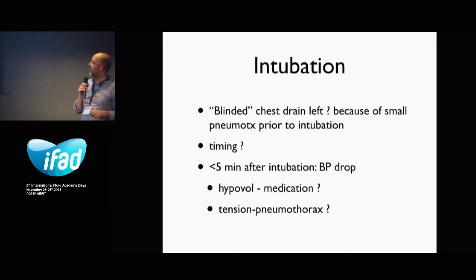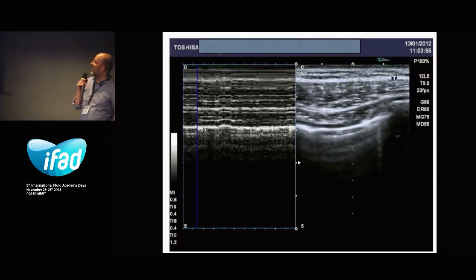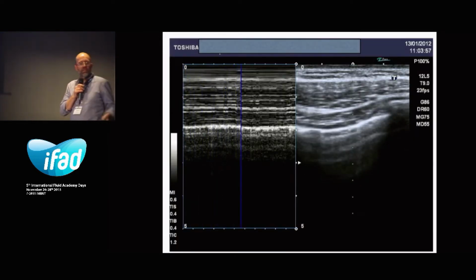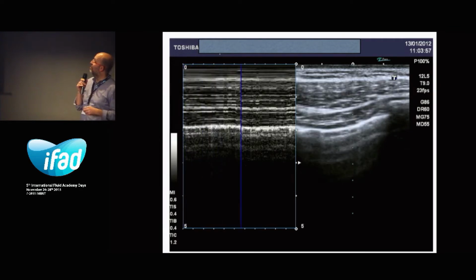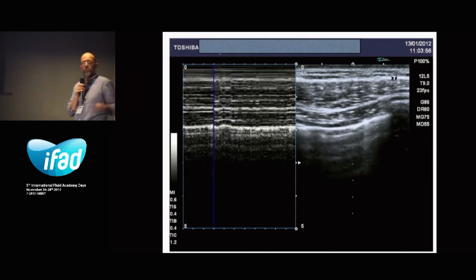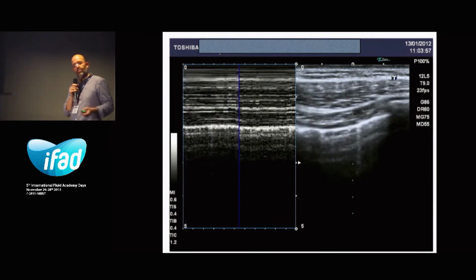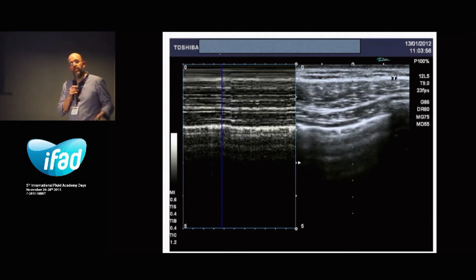Is it due to medication? Or does he have a tension pneumothorax? Just put on the ultrasound. I had a perfectly normal pleural movement on most parts of the lungs. So you don't have a tension pneumothorax. It's due to the medication. So you do not have to rush putting a chest drain in.